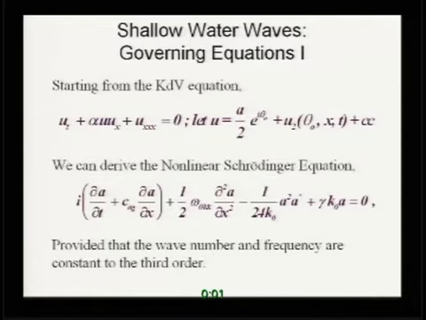Assuming omega and k both constant, then you can plug it back and you derive, you find that you do have a cubic nonlinear term, and that becomes the cubic nonlinear Schrödinger equation. You derive this based on this amplitude and this phase having to be constant to the third order.